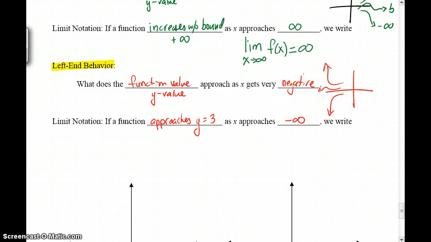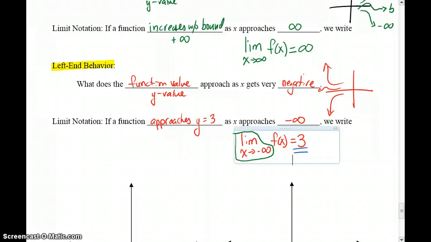Well, I would write the limit as x approaches negative infinity of f of x equals 3. So we see that as we are going left, let me box this in here, this part says what happens as we go left. And then we have this part over here that says what value, what height, it goes to. What does the f of x go to?